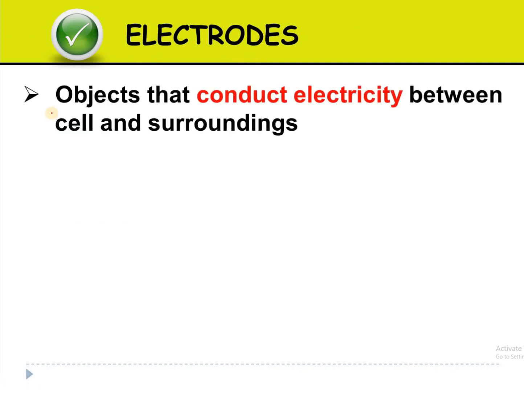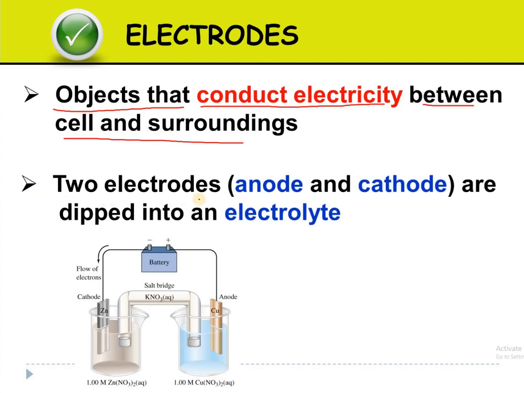So we look at the important components in galvanic cell. First, electrode. What is the electrode? Electrode is the object that conducts electricity between cell and surroundings. There are two electrodes, anode and cathode, dipped into an electrolyte. This is an example of the position of electrodes in our galvanic cell. Students can see the cathode and the anode, and the electrodes must be immersed in electrolyte.